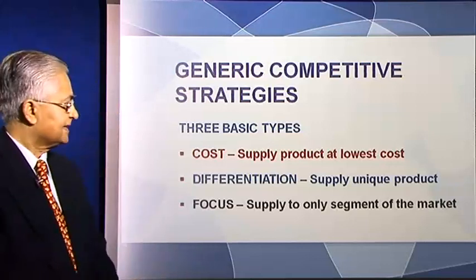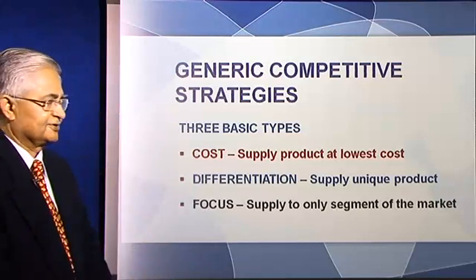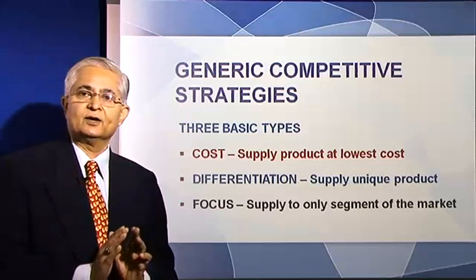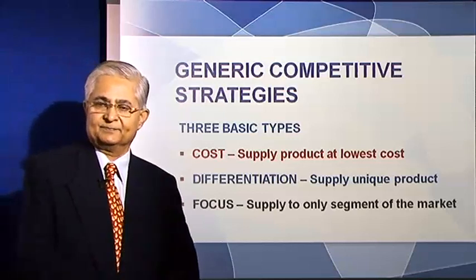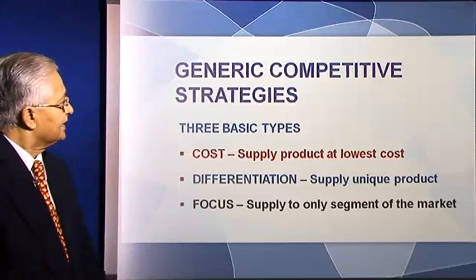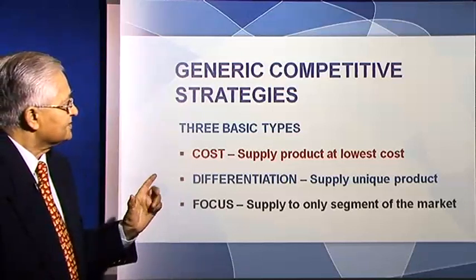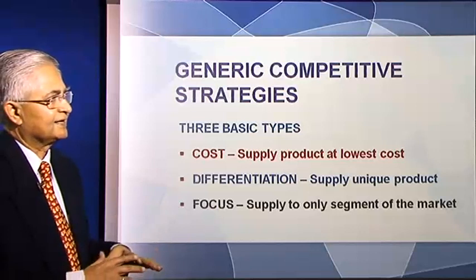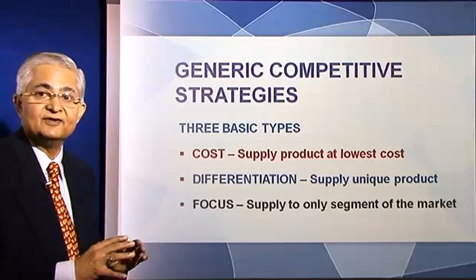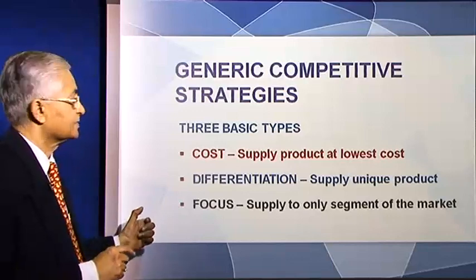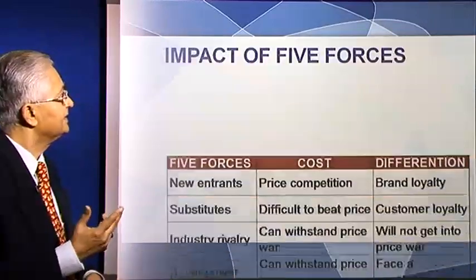Now, this is an example of a focus strategy where you are focusing on one particular segment of the market, right? So, these 3 generic strategies give us an idea about how we need to filter those strategic options which we get from looking at the other techniques.